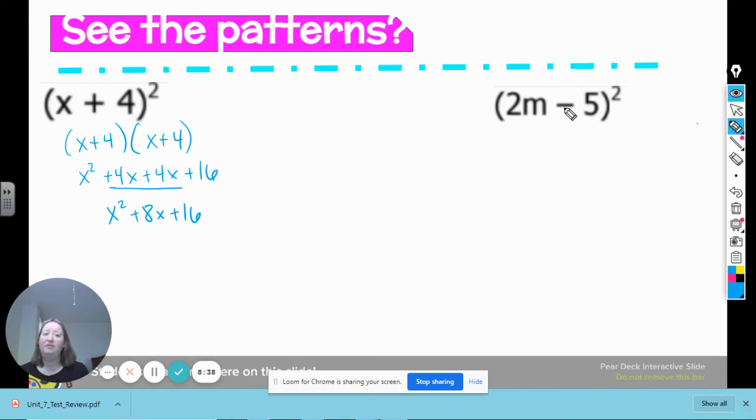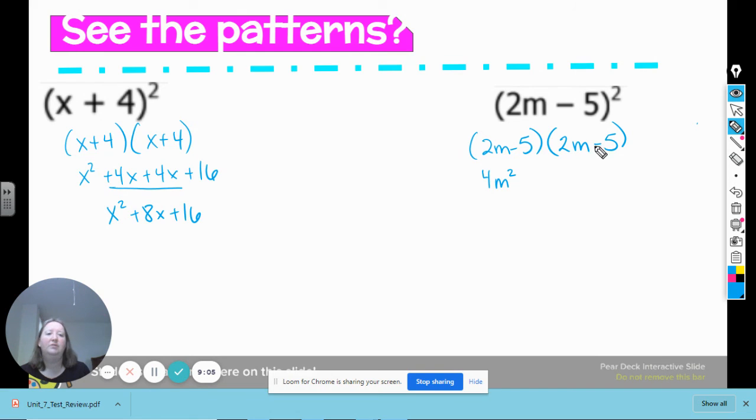Let's see what happens whenever you have a negative sign in the middle and it's same signs. So this was plus plus and this is minus minus. I would say always rewrite it, but if you feel like you know the pattern perfectly, then you could skip that step, I guess. So 2m times 2m is 4m squared. So I squared the number, and then the variable got squared.